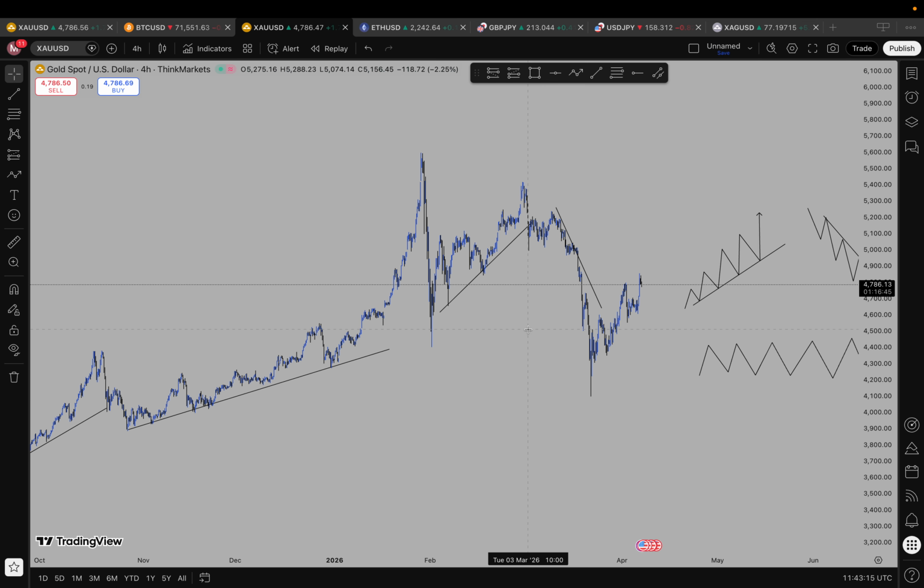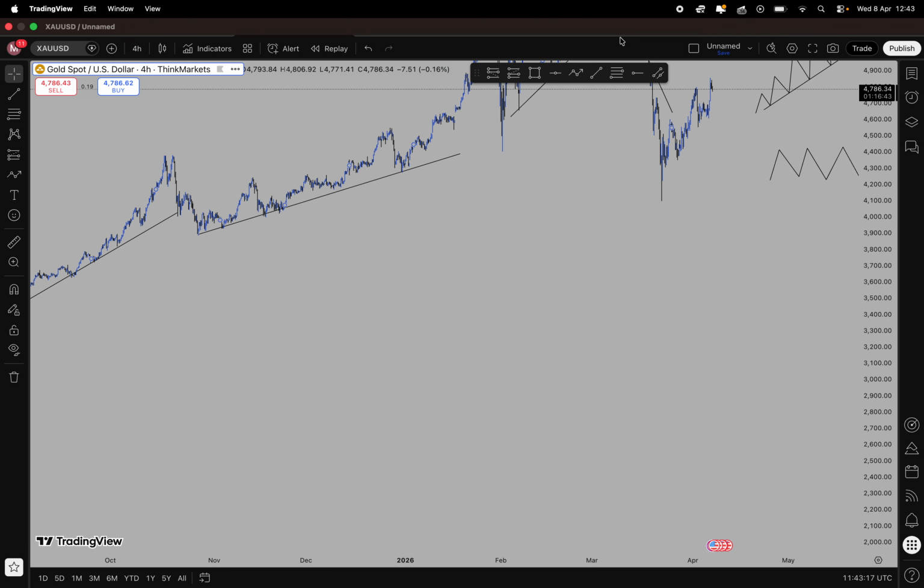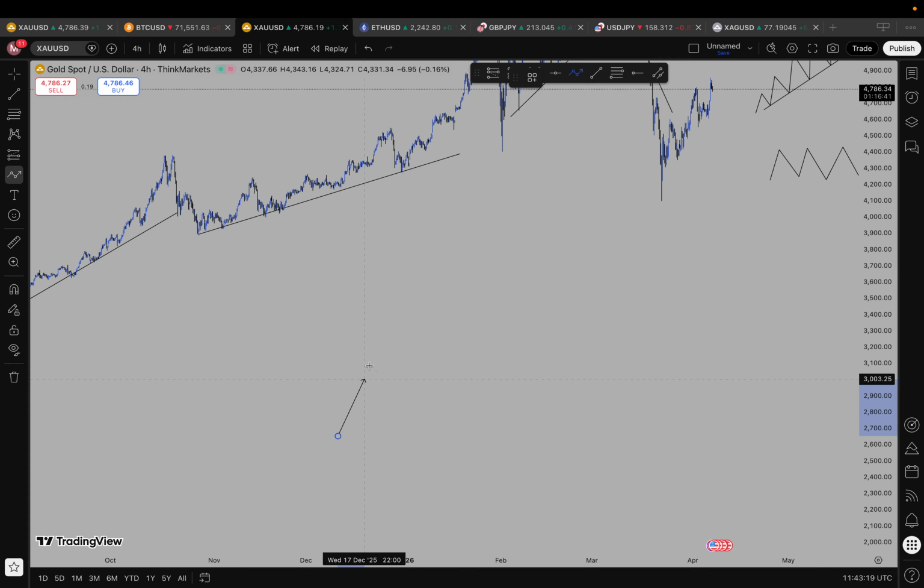You have to do this on the higher time frame. For example, this is a structure on the higher time frame, 4 hour. Maybe the market is at this level and gives you your reversal pattern to go up, you can continue buying this market for the next couple of days.